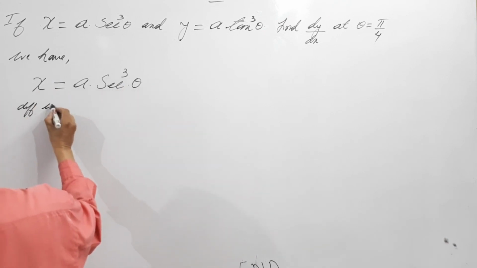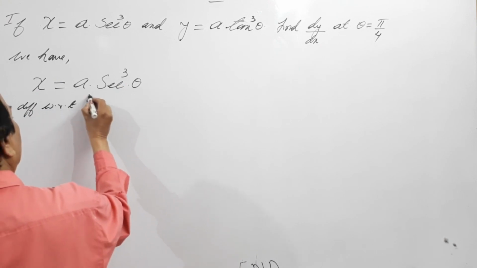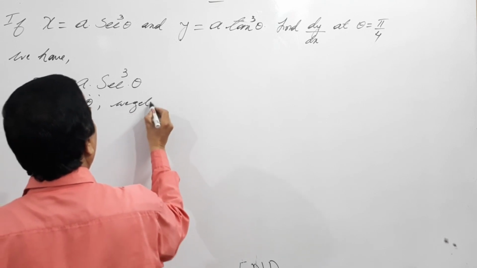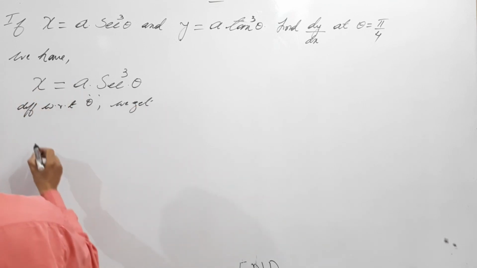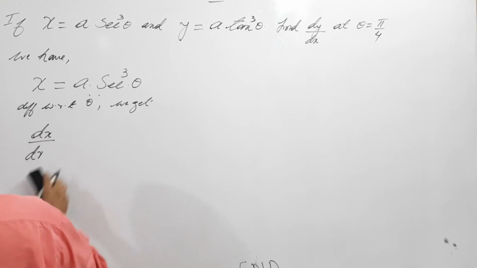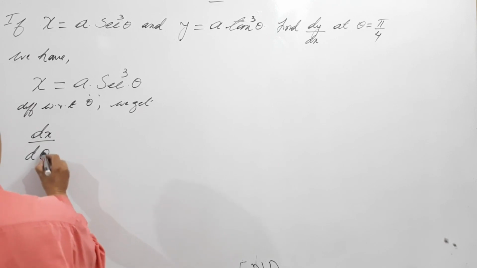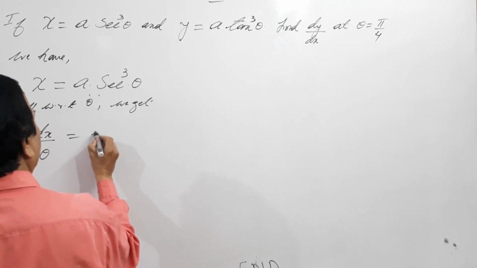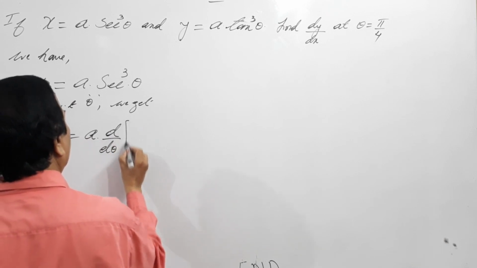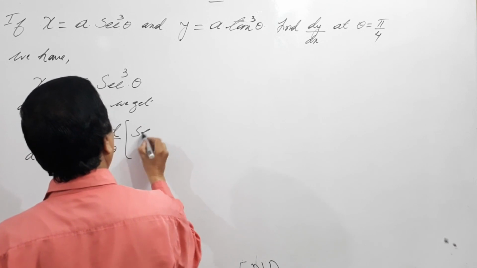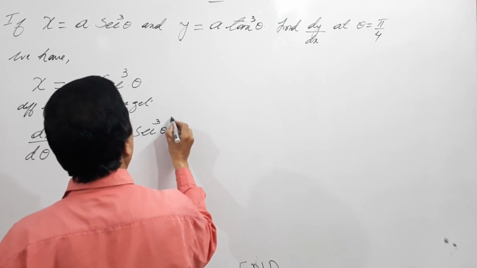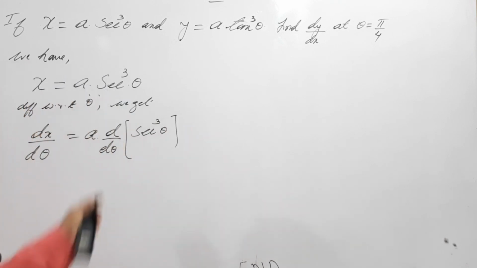Differentiating with respect to theta, we get dx by d theta equals a, I'll take a outside, d by d theta of secant cube theta. What happens if we differentiate this?